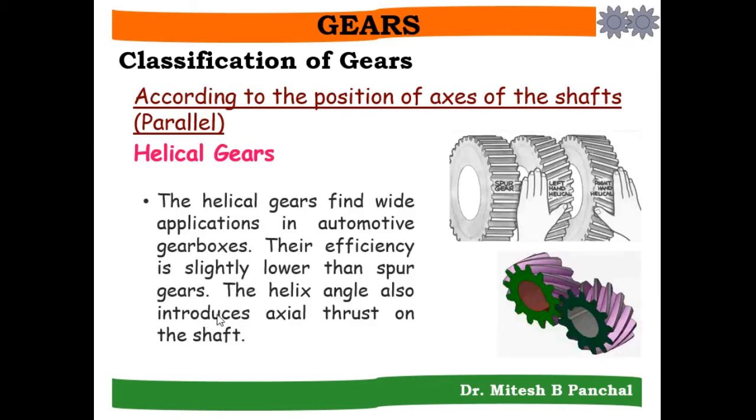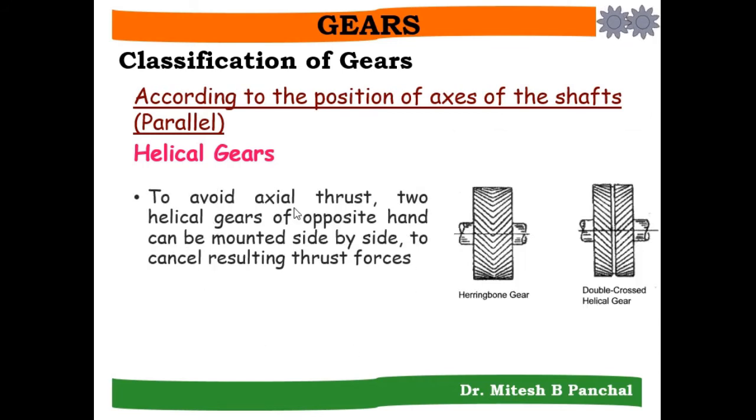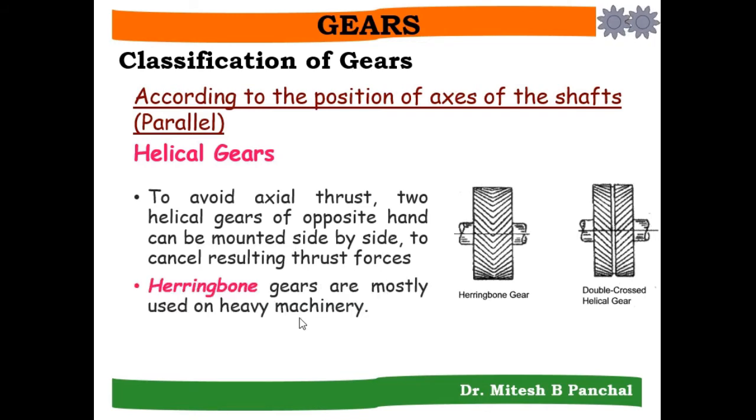To avoid the axial thrust, two helical gears of opposite hand can be mounted side by side so that the axial thrusts, which are in opposite directions, can be eliminated. So herringbone gears are nothing but a single gear which has the helix in both directions, as a right hand configuration as well as a left hand configuration.